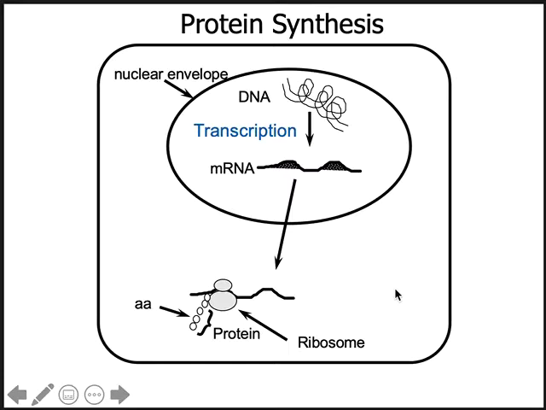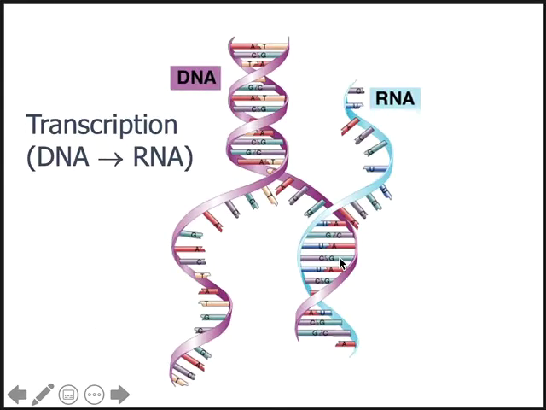All right, so the process of taking a gene and making an mRNA transcript is called transcription. The process of taking that transcript and making protein is called translation. And so here you see a much more realistic image of the double helix, opening it up and, in a complementary base pair fashion, making a copy of RNA.